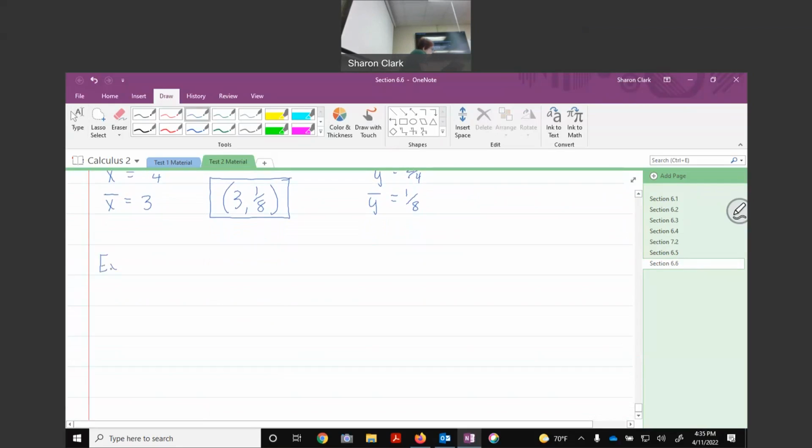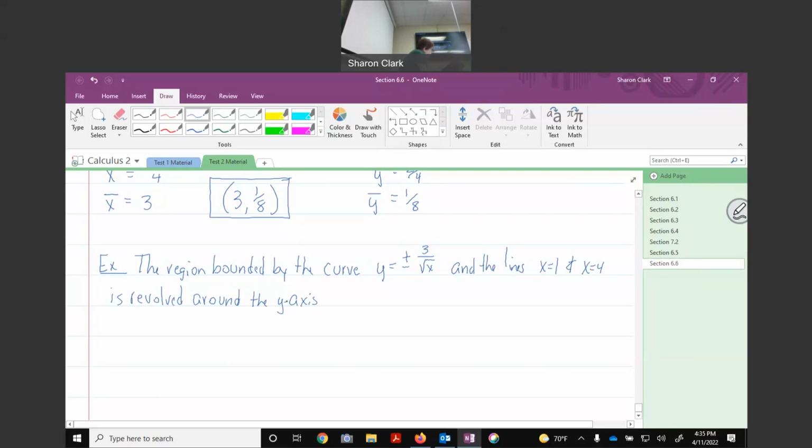Okay. Example. The region bounded by the curve y equals plus or minus 3 over the square root of x, and the lines x equals 1 and x equals 4, is revolved around the y-axis to generate a solid. A. Find the volume of the solid.